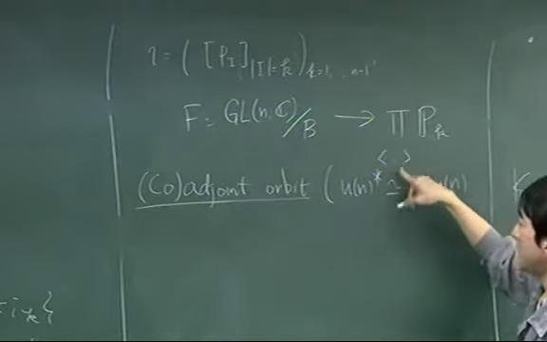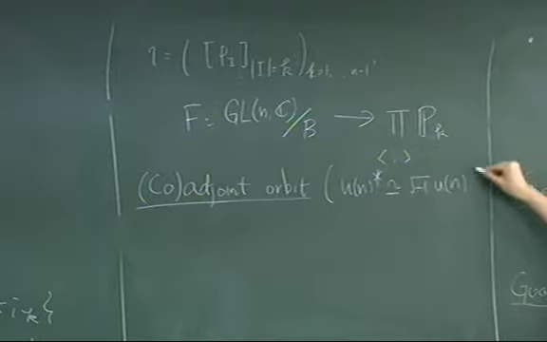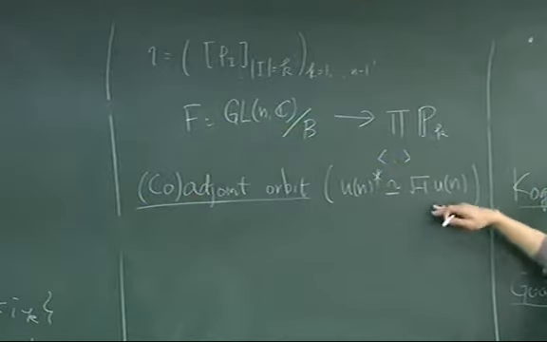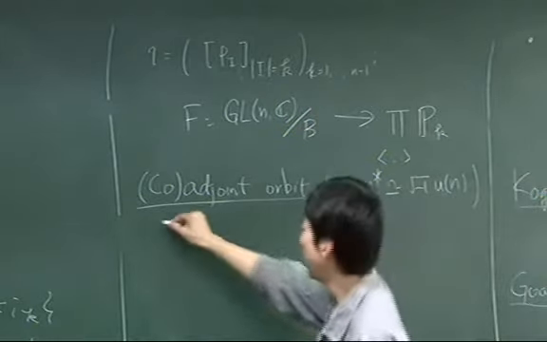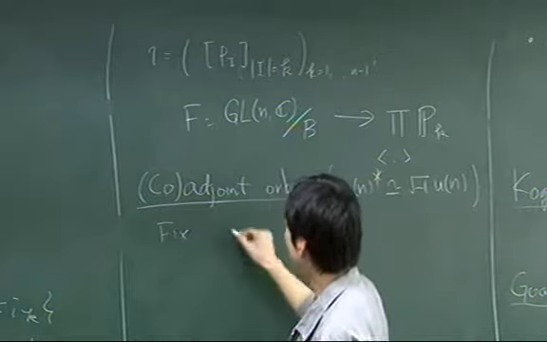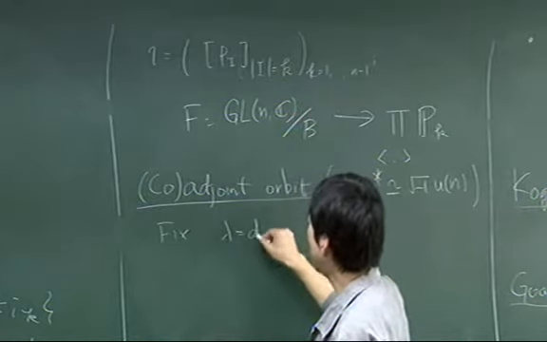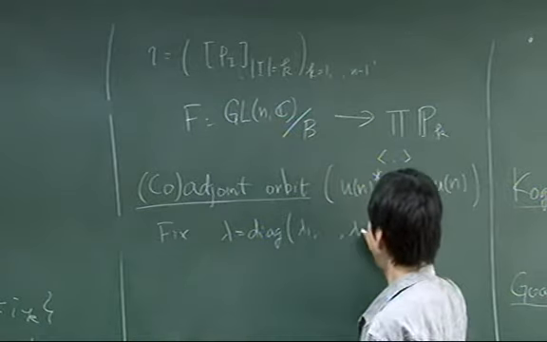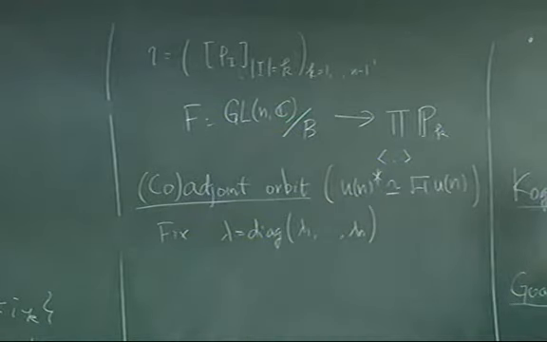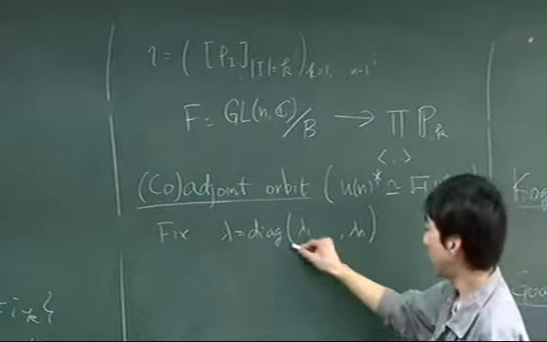Then we consider it as an adjoint orbit in this space. So we fix a diagonal matrix lambda_1 to lambda_n, whose components are distinct from each other.